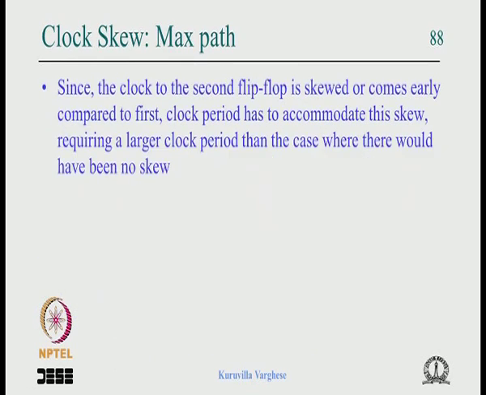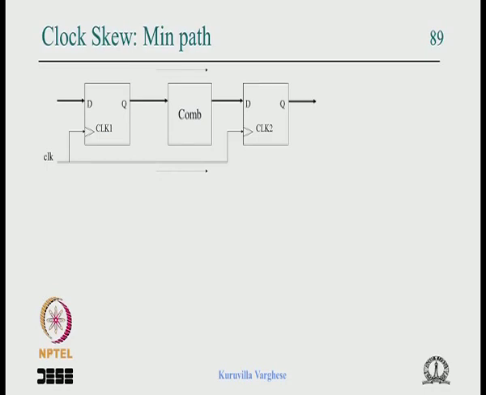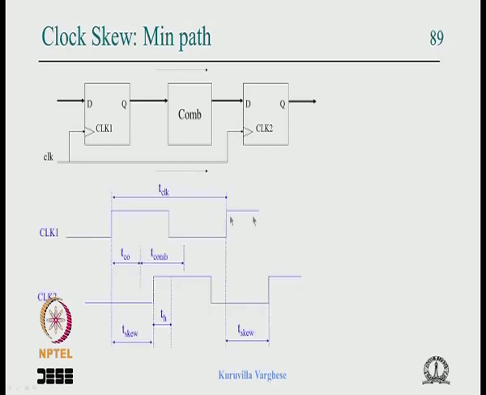So let us choose the other problem where the data path and the clock are going in the same direction. Here you see clock 2 is a delayed version of clock 1. So you have clock 1 here, clock 2 with a skew.